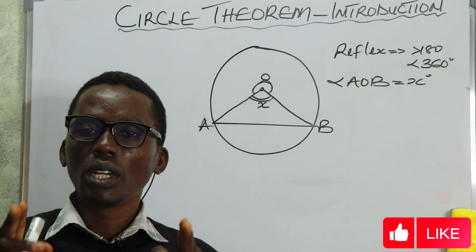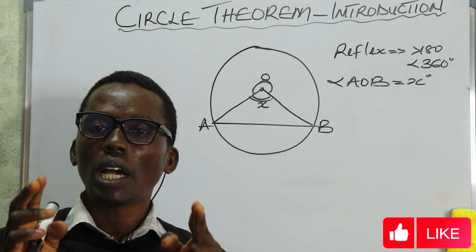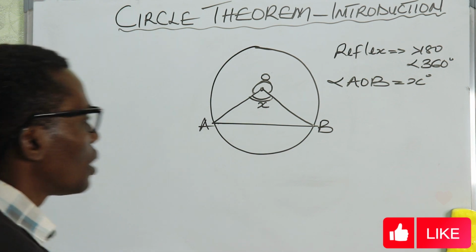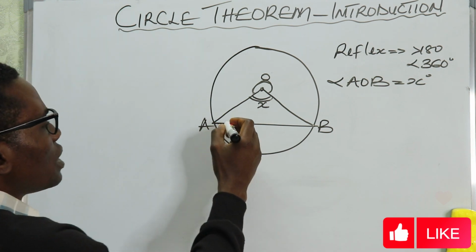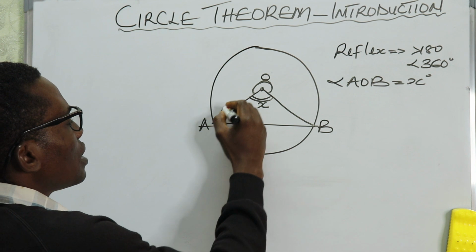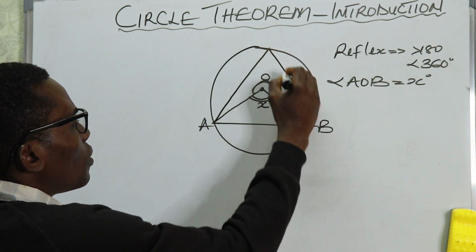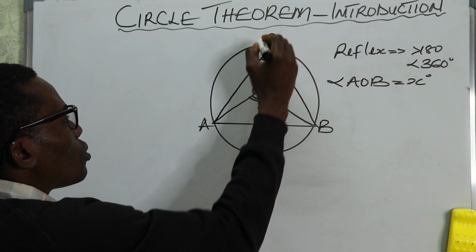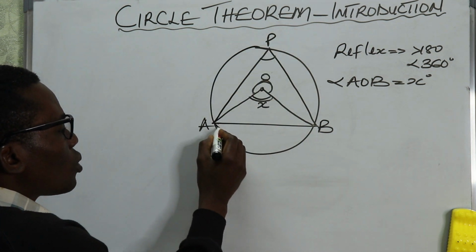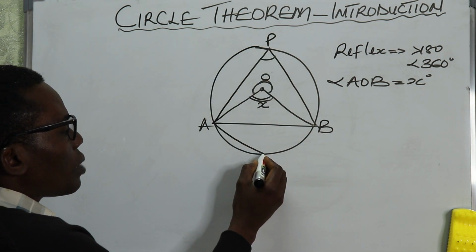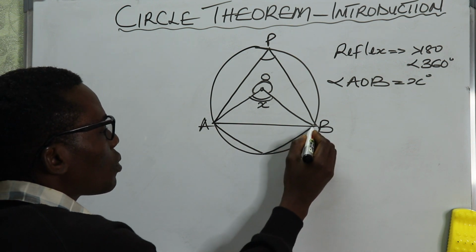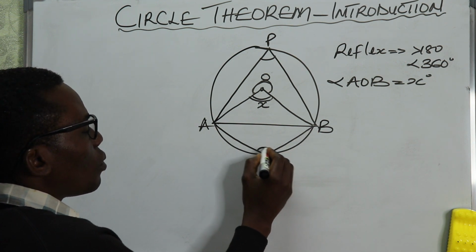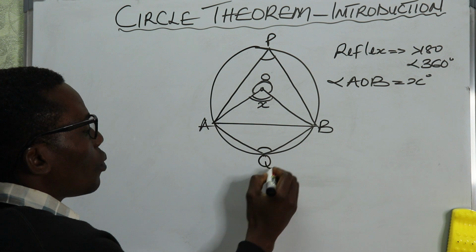Now it's going to sustain an arc at the center of the circle, which will produce this angle, or it can also sustain at a point at the circumference of the circle at this point, which will take this angle as angle Q.